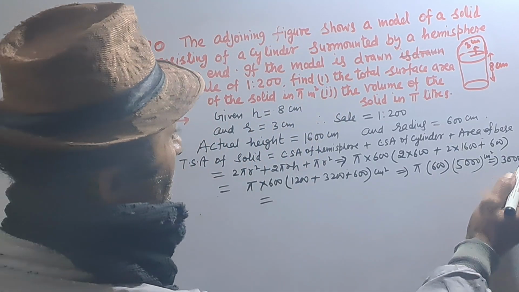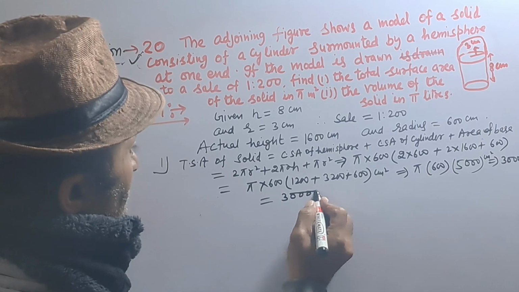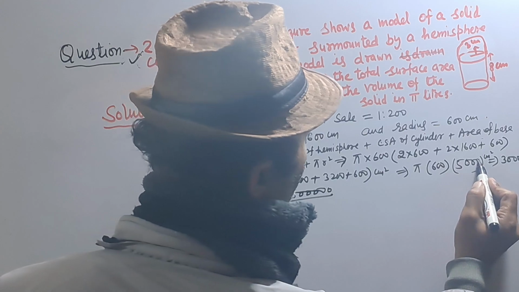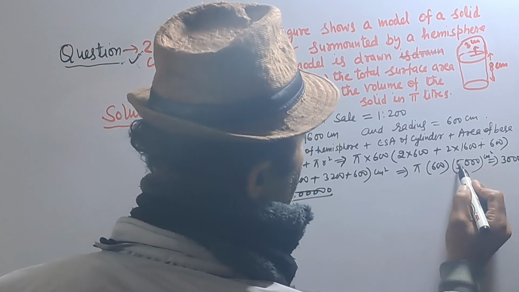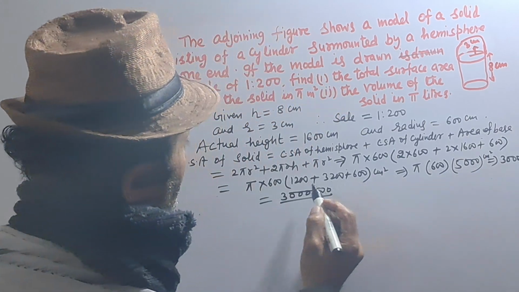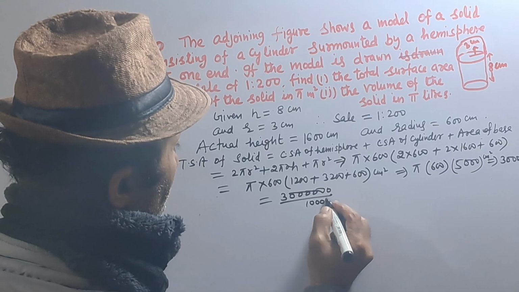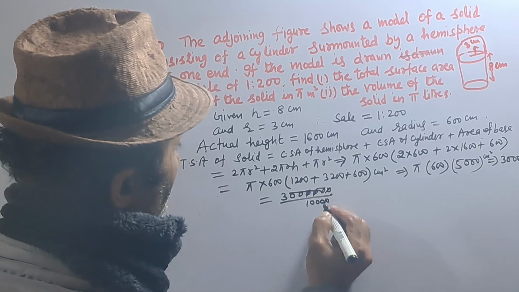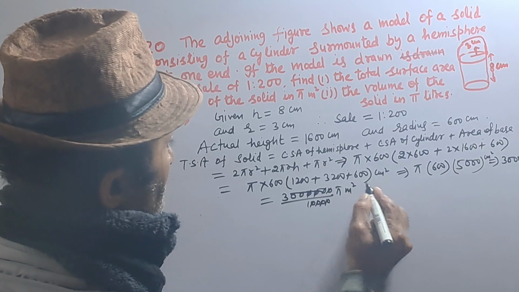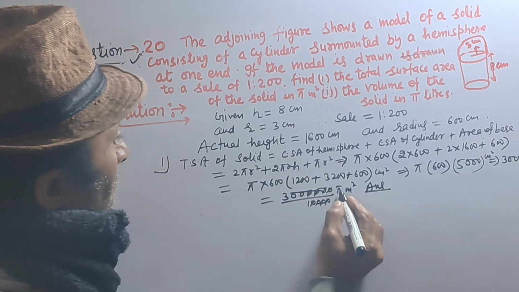In meter, dividing by 100 into 100, that is 300 pi meter square. Answer: 300 pi meter square.